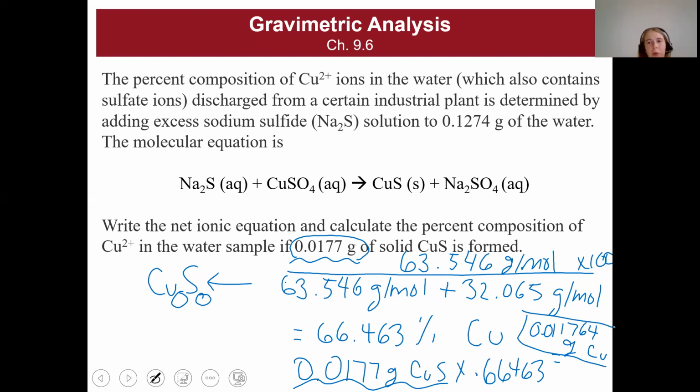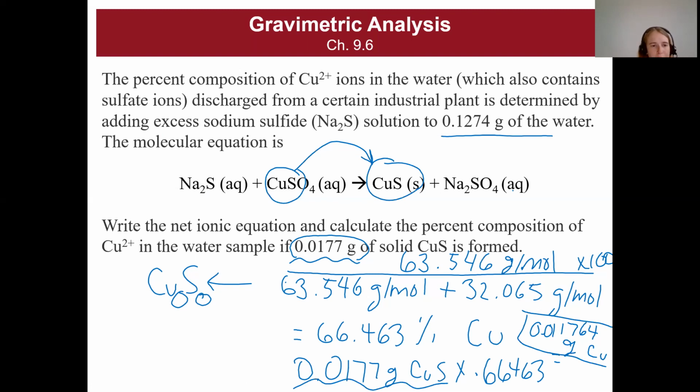Okay, so now we have a mass of copper and all of that copper that's in here came from here. So we had 0.011764 grams of copper in our original sample, and this was the mass of our original sample. So we use the mass of copper divided by the total mass of the sample to find the percent composition of copper in the water sample.